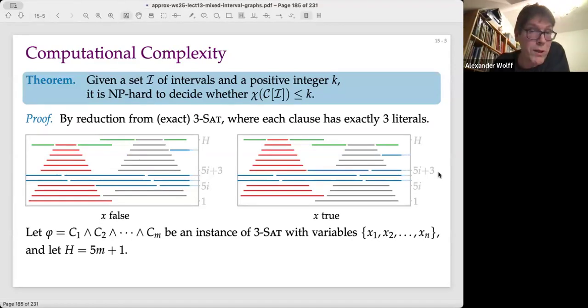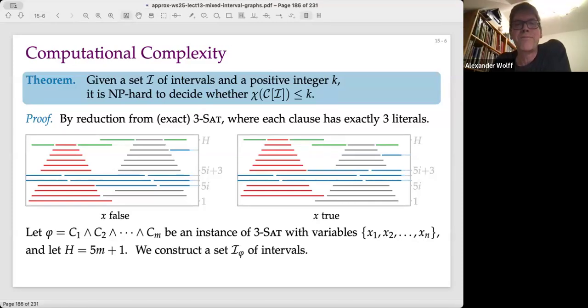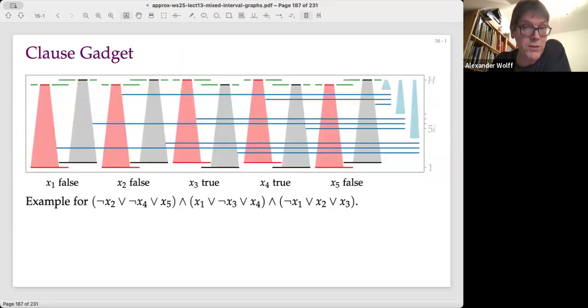Okay, and how do I use these things? Now we construct one of these Christmas trees for every variable, but then also we will have some for each clause, and the overall image looks like this.